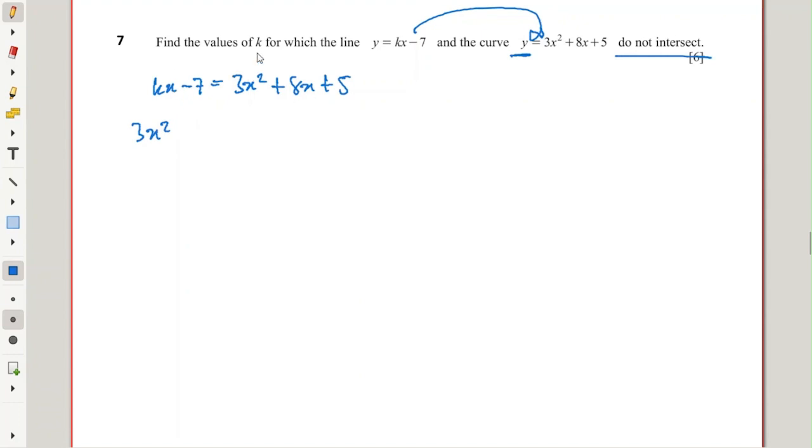Okay, let me bring them here. So it's going to be 8x minus kx, when this one comes here, plus 7 is equal to 0.